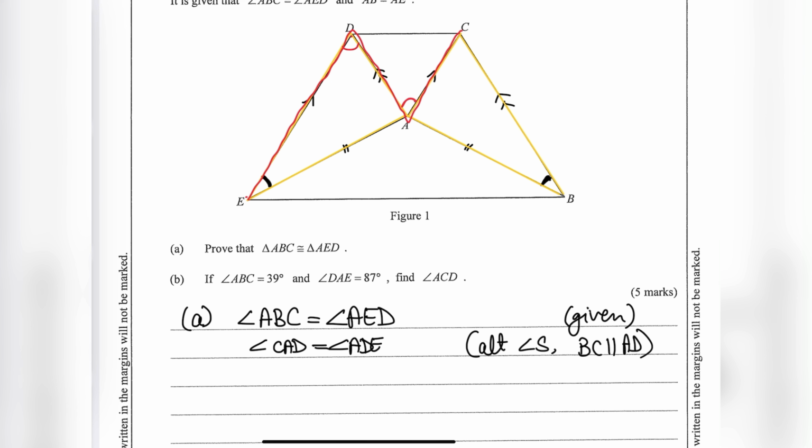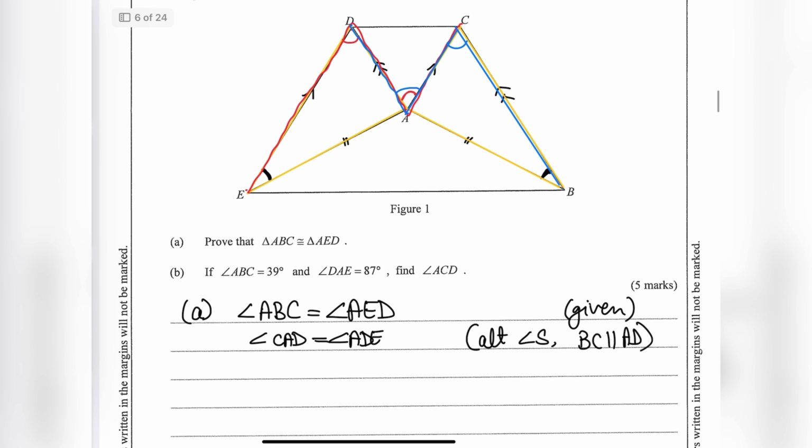Now look at the other pair of parallel lines, which is AD and BC. Then it's again a Z, so these two angles are equal to each other. Let's note that down as well. Angle BCA is equal to angle CAD.